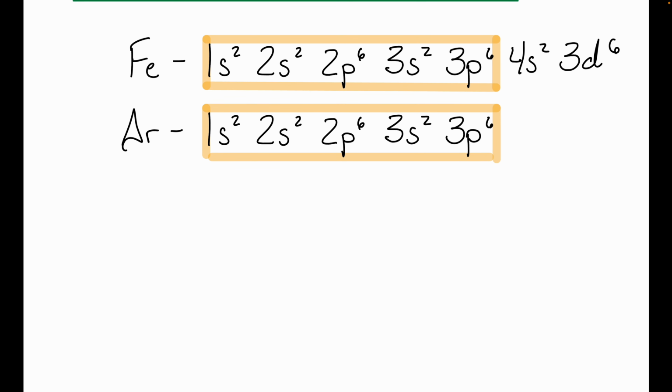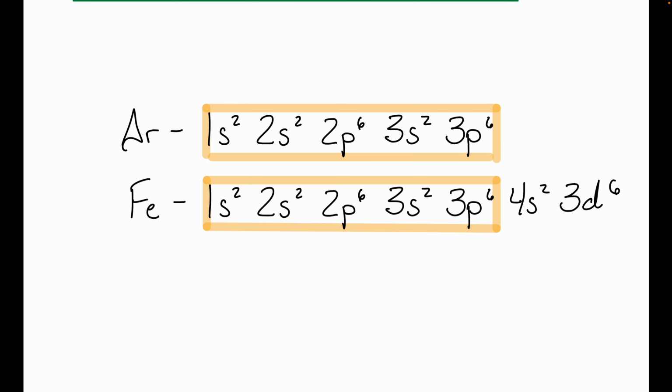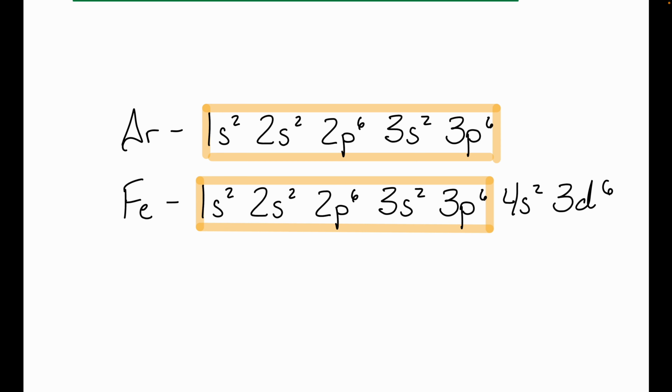So we can abbreviate iron's electron configuration by saying bracket Ar. By putting Ar in brackets at the beginning, what we're saying is insert whatever argon's electron configuration is.